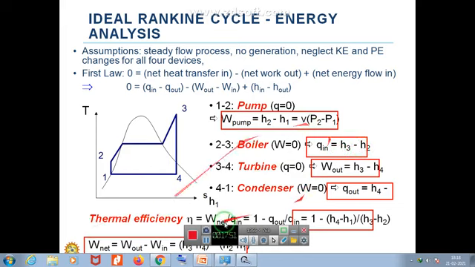So efficiency equals net work, turbine work minus pump work, by heat supply. Where are we supplying heat? We are supplying heat in the boiler. This is the general Rankine cycle efficiency. Okay, next slide.